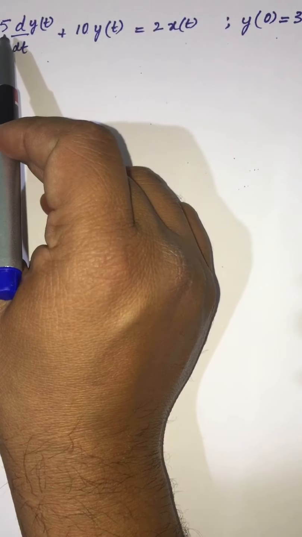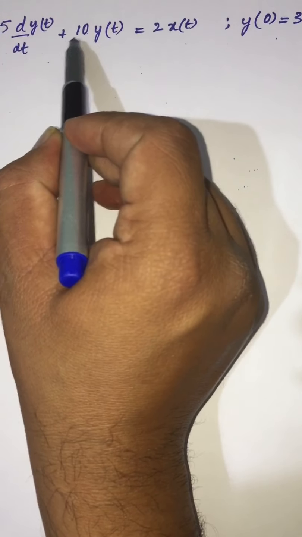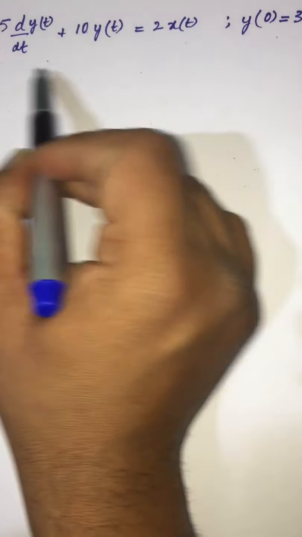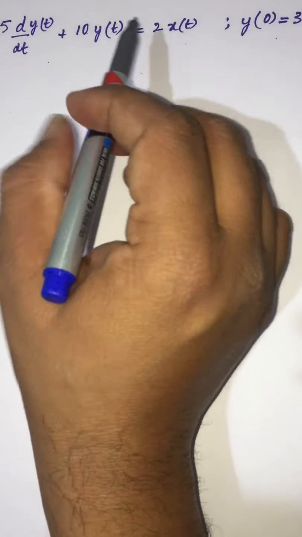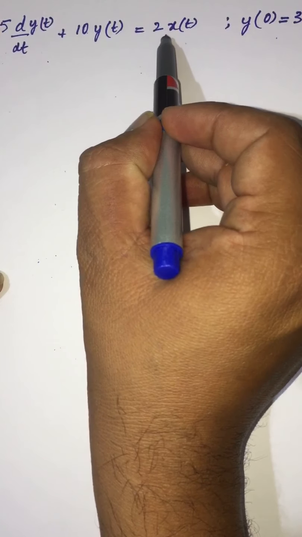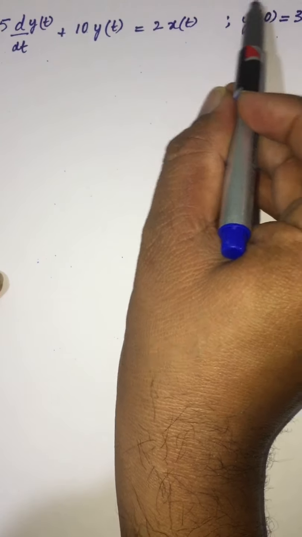It includes 5 into d by dt of y of t, a first order differentiation, plus 10 into y of t is equal to 2 into x of t. This is a differential equation. Whenever you see d by dt, it is a differential equation. Y of 0 is equal to 3: they are giving the initial condition.